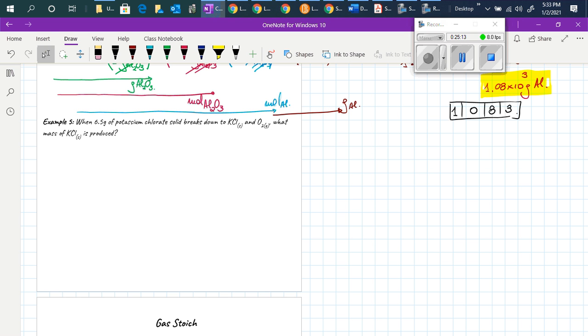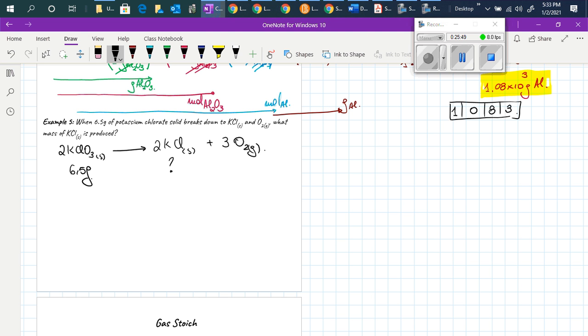We'll start with the balanced reaction first. 2 KClO3 solid is decomposed into 2 KCl and 3 O2 gas. What we have as a given here is 6.5 grams of potassium chlorate, and as I said, we are looking for potassium chloride.